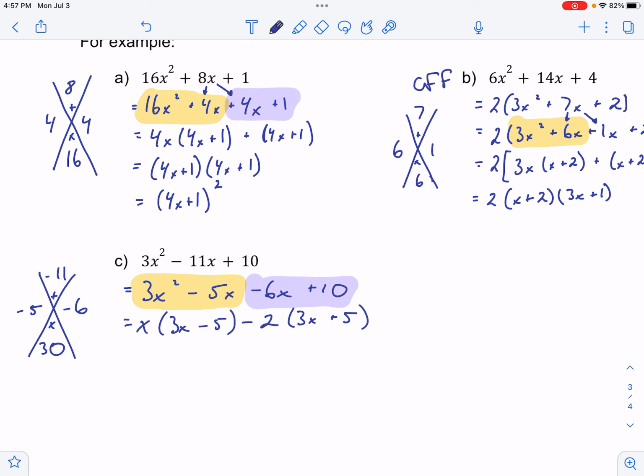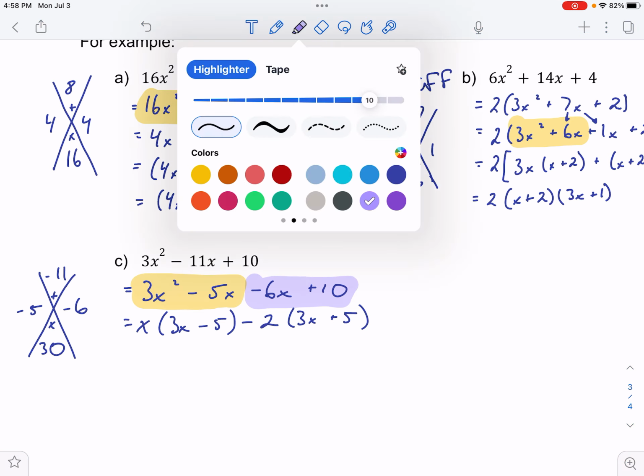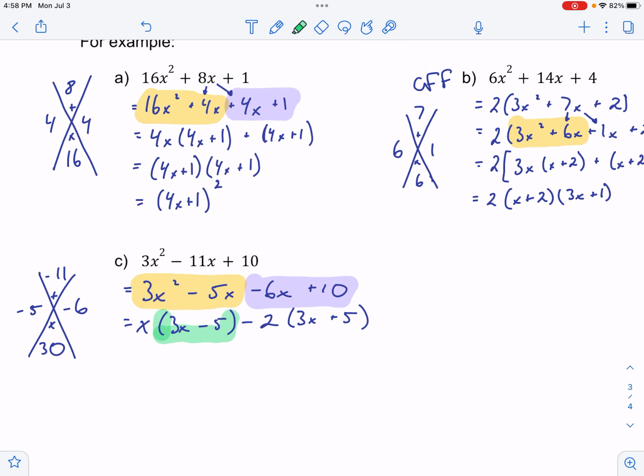Now, it might be easier for you to say, well, I recognize that between 6 and 10, I can pull out a positive 2. So why don't we just do it as positive? Remember that your underlying goal is for these two brackets to match.